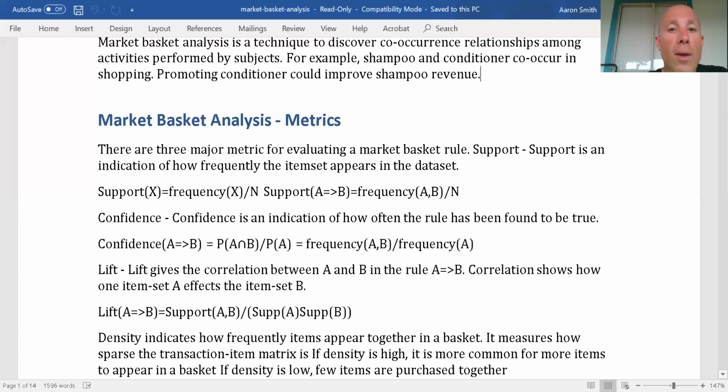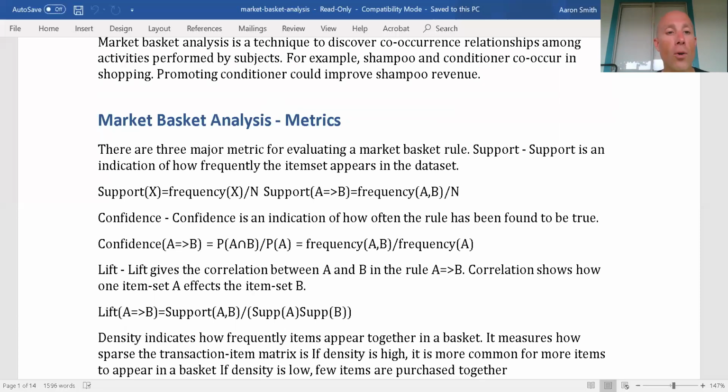When I say an item set, we could be talking about shampoo and conditioner, or hamburger buns and relish. A collection of items could be any number of items, but of course it's going to be 2 or greater because of the nature of the analysis.